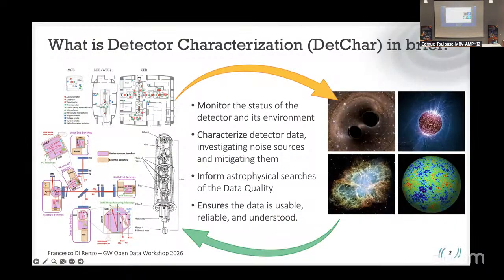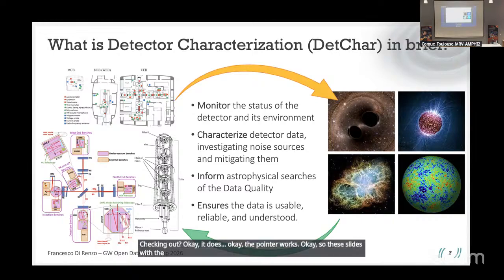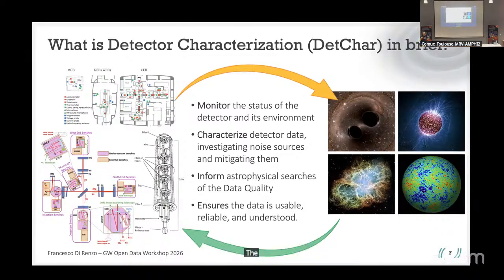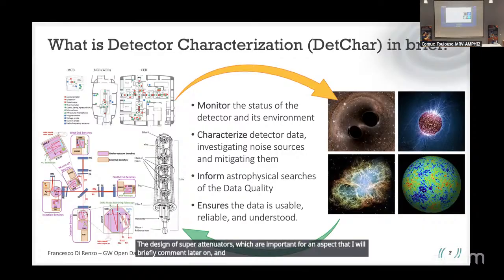Okay, the pointer works. So these slides are divided in 3 parts. On the right-hand side, we have instrument science: a schematic layout of the optical design of a detector, the design of super attenuators, which are important for an aspect that I will briefly comment on later, and a map of some environmental sensors.